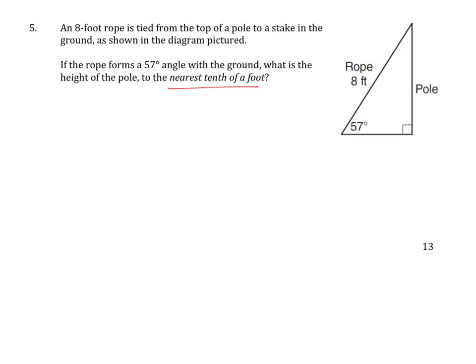We have to figure out what the height of the pole is, so that's our x. In relation to the angle that's given, as well as the hypotenuse, we know that this is the side that's opposite the given angle. So that's the sine function. So sine of the angle 57 is equal to the opposite side over the hypotenuse.